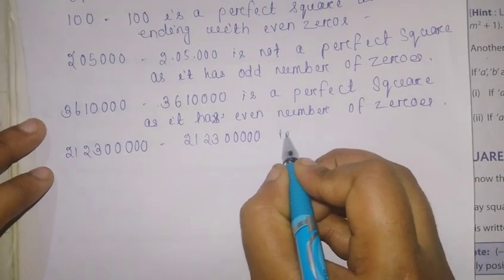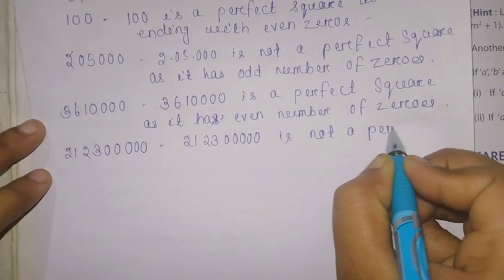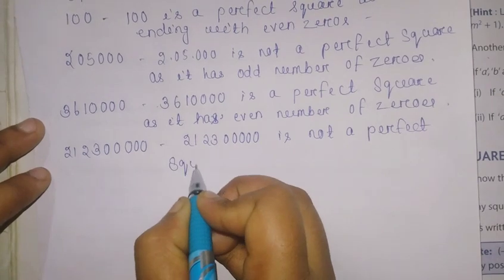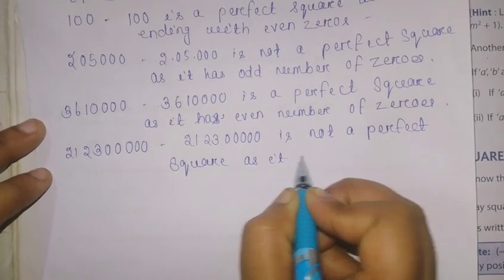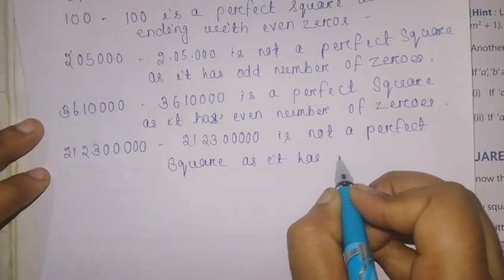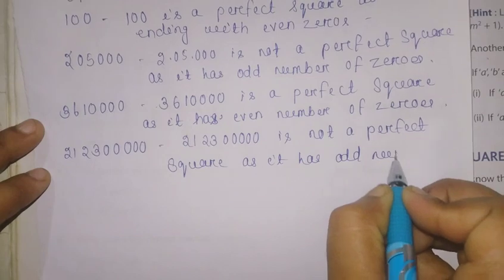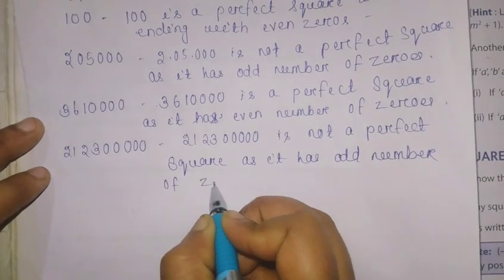So it is not a perfect square, as it has an odd number of zeros.